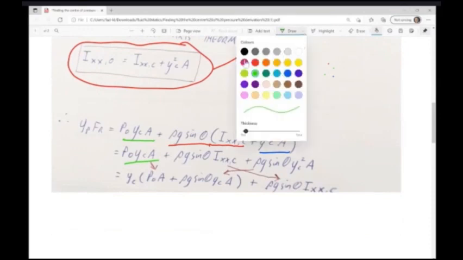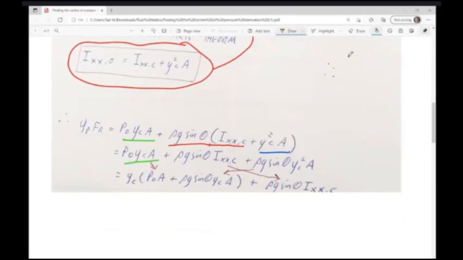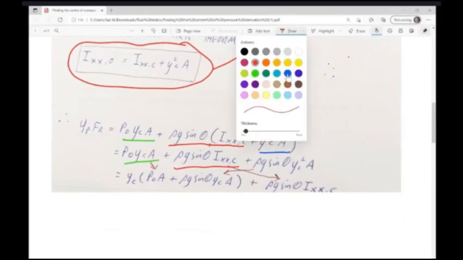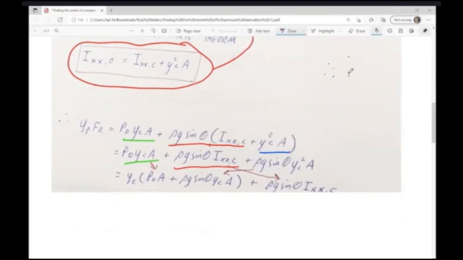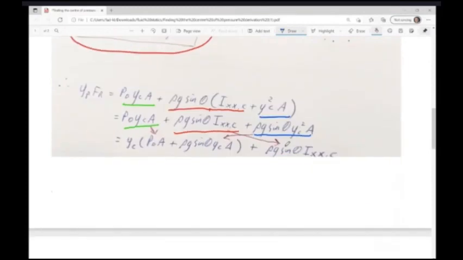The second term is rho g sine theta Ixx at the centroid. And then the third term is rho g sine theta yc squared A.